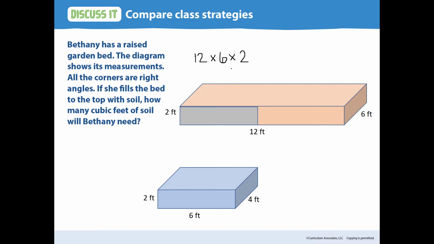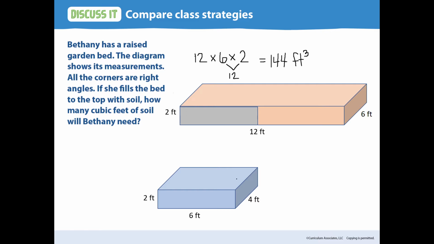I am going to choose to multiply 6 times 2 first to get 12, and then 12 times 12 equals 144. So the volume of the first rectangular prism is 144 cubic feet.